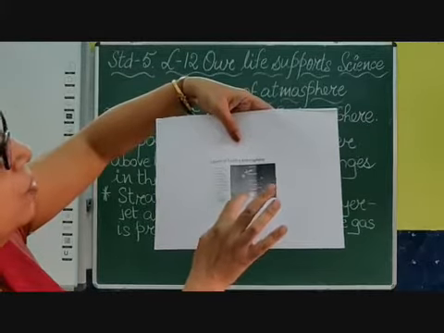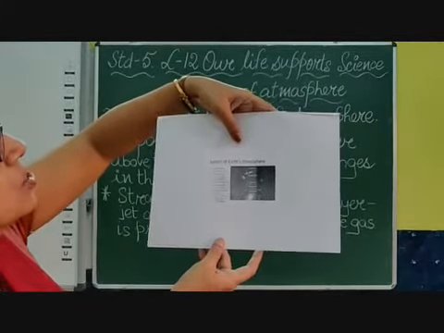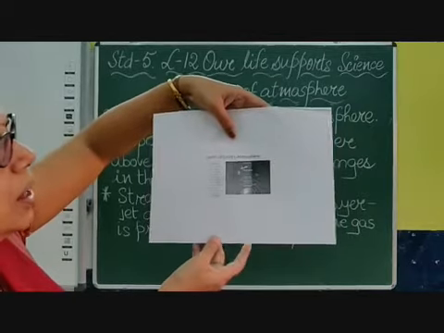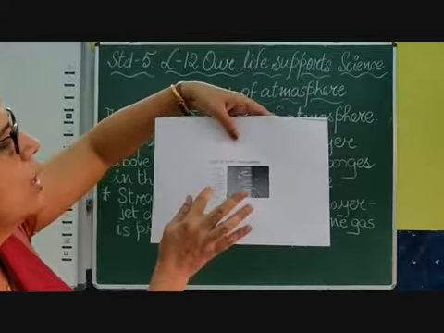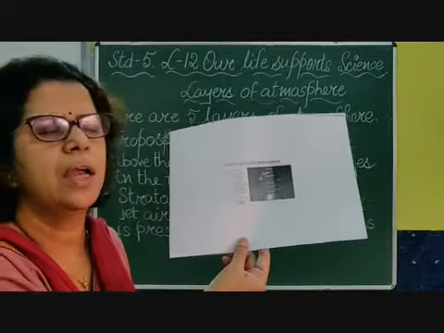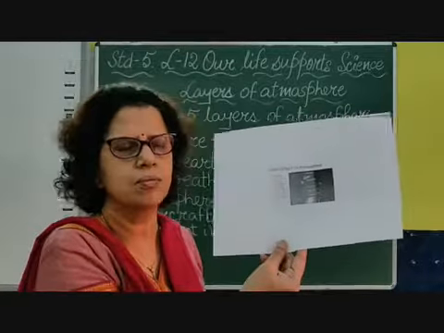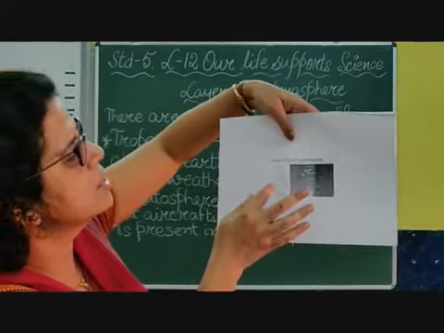So, troposphere is where we live, the first layer of atmosphere. Then you have stratosphere, the ozone layer, which stops the harmful ultraviolet rays. Mesosphere is where the meteors burn up; we have studied that the layers of atmosphere stop the meteors from coming inside to the Earth's surface.